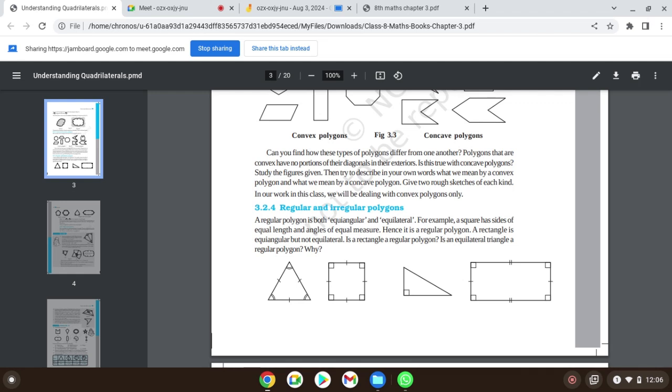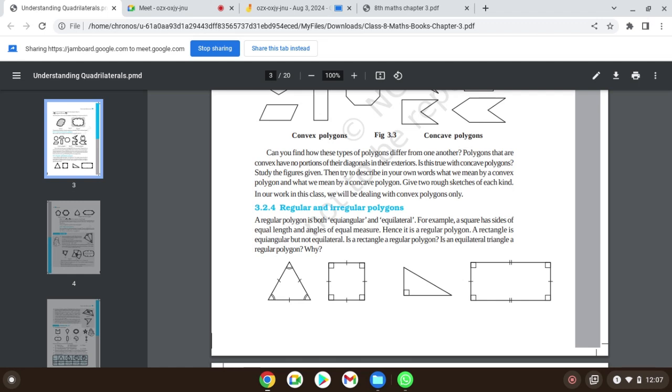Isosceles triangle. Very good. And a square. Why are the isosceles triangle and the square regular polygons? Is there any specific thing about that? Any important point which makes a regular polygon?